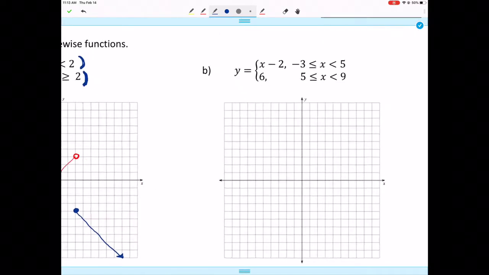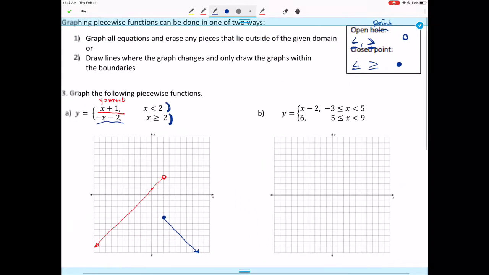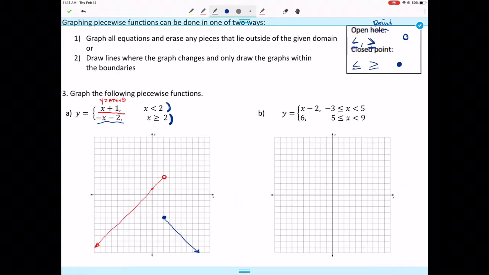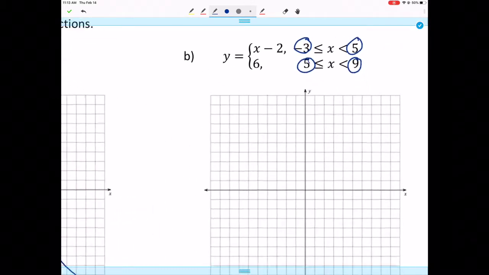Okay, so let's look at B. There's another way that I said. One way is to draw lines where the graph changes. So in effect, these are the points where they change, where they start, where they end. It says draw lines where the graph changes and only draw the graphs within those boundaries. For example, we can start here.